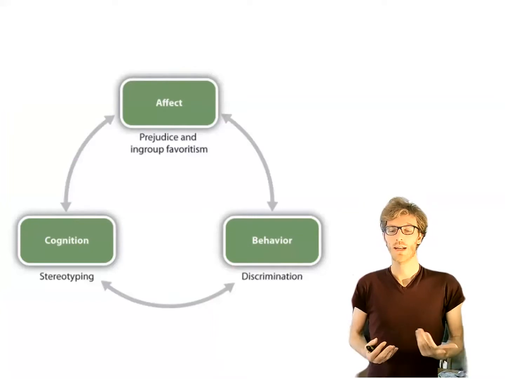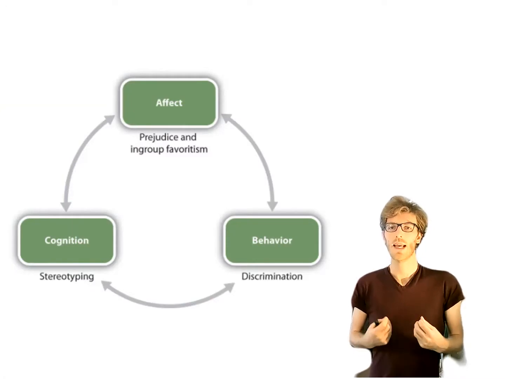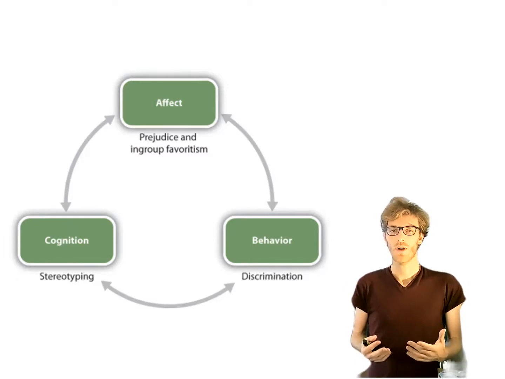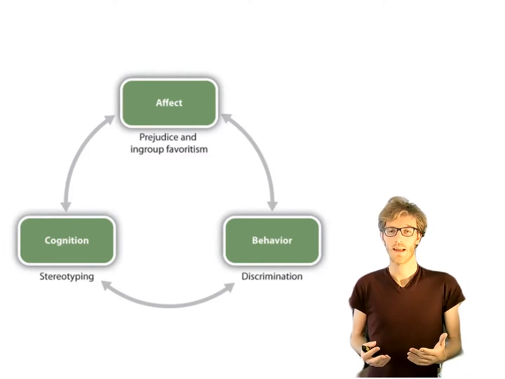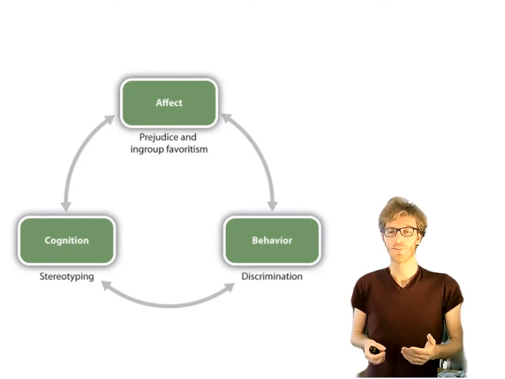Affect generally refers to emotions, and that's where prejudice most clearly falls into. Negative emotions towards some other group. Then we have behavior, all kinds of discrimination, and cognition, the way we think about other groups. So that's where strong stereotypes, for example, might come in.